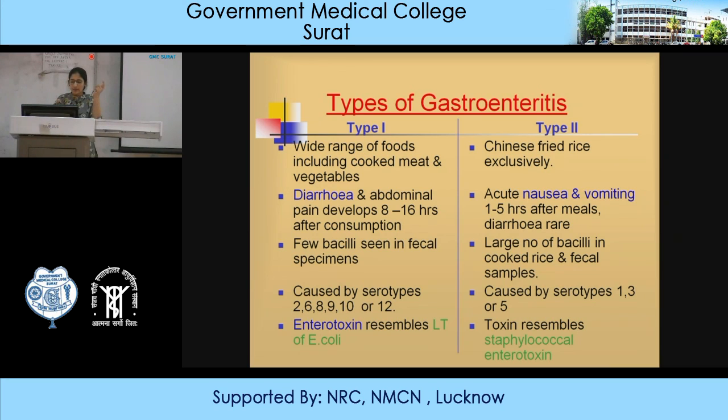In type 1, diarrhea and abdominal pain develop 8 to 16 hours after consumption, and in the emetic type symptoms appear within 1 to 5 hours, as there is a preformed toxin present in the food. Few bacilli are seen in the fecal specimen, but there is a large number of bacilli in cooked rice and fecal samples. In type 1, the enterotoxin resembles the labile toxin of E. coli.